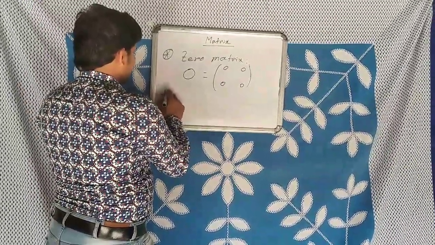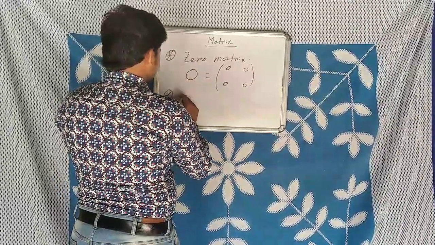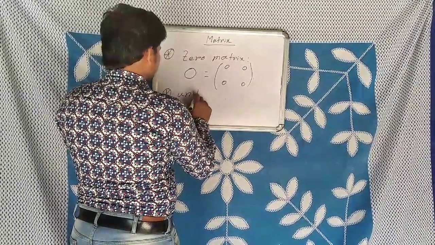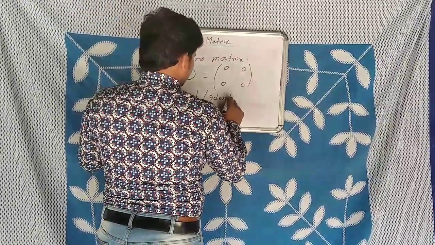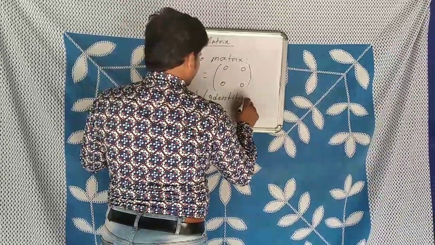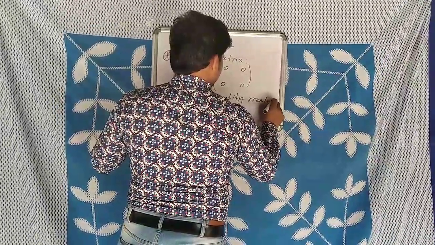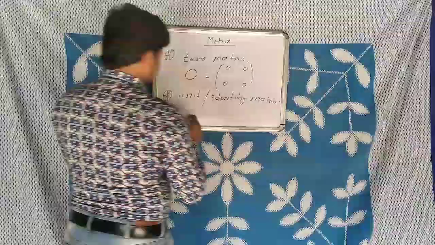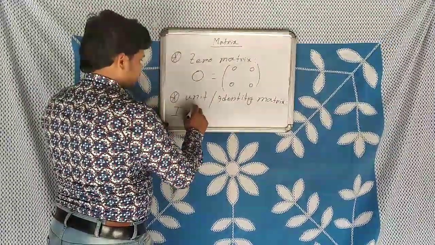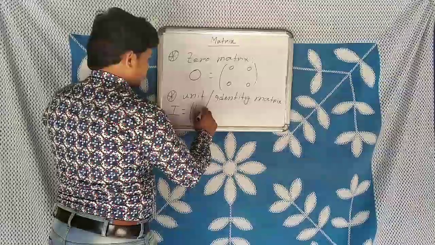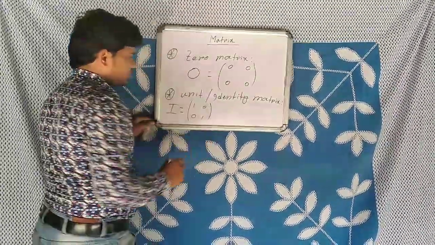Next, unit matrix or identity matrix. Unit matrix or identity matrix is denoted by capital I. 1 0 0 1.